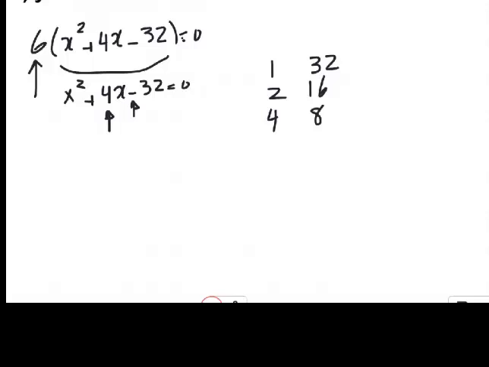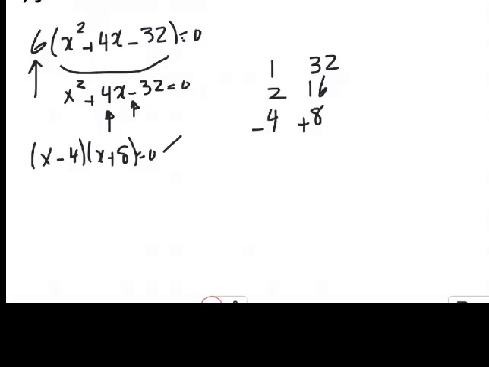So this means that if I have 4 and 8, and I make 4 negative and 8 positive, the product is negative 32, but the sum is 4. So I get x minus 4 times x plus 8 is equal to 0. Again, the product of two numbers is 0.